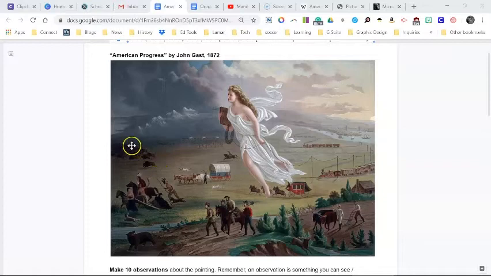We're also seeing transportation progression. Horse and travois. That's a travois, that sled that is being pulled. We see a wagon, a Conestoga wagon. We see the Pony Express. Here we've got the overland stagecoach. And many of you probably associate that red overland stagecoach with Wells Fargo.